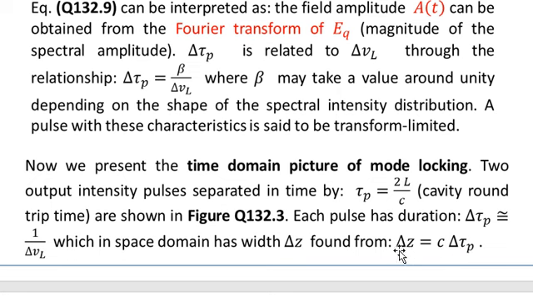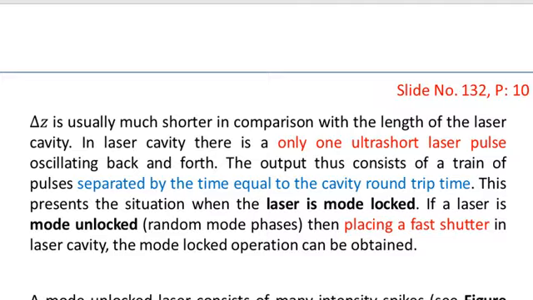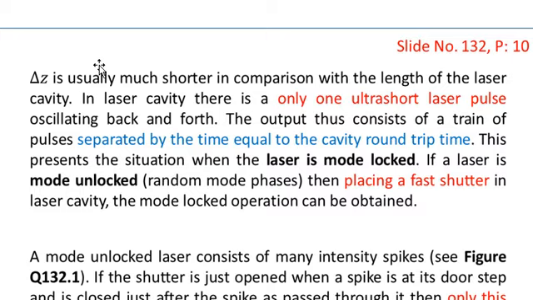So this is the width in space domain. Delta z is usually much shorter in comparison with the length of the laser cavity.